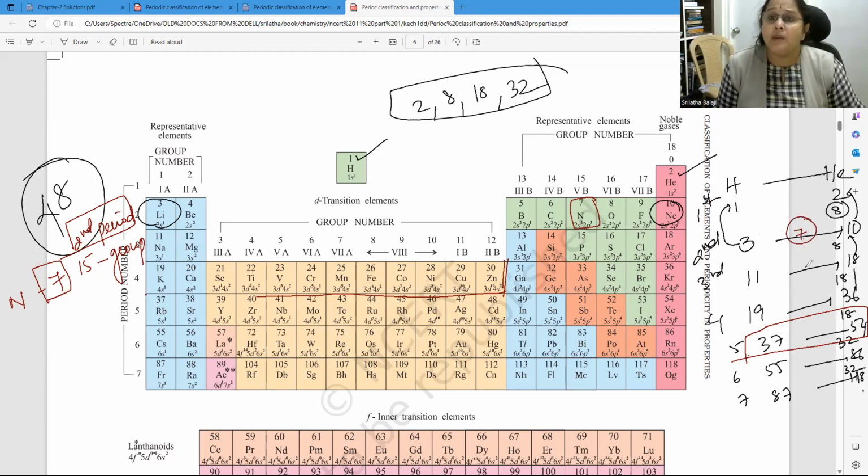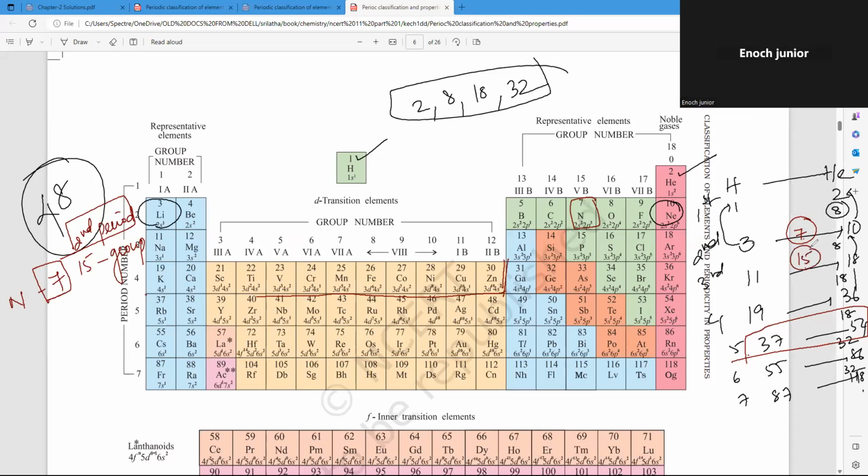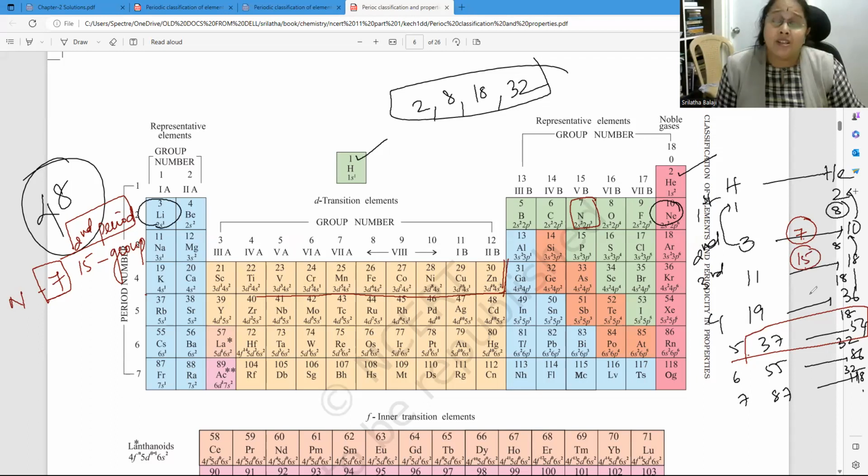So what should be the atomic number of the subsequent element? 7 plus 8 is 15. After that, what should I add? Which number is coming? 18. So when I add 18 to this, what is the next? 33.